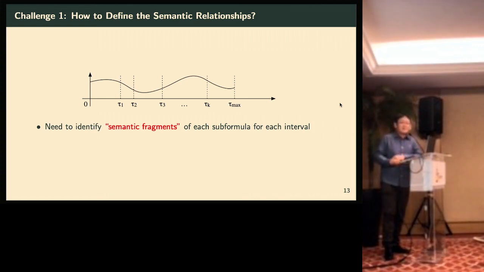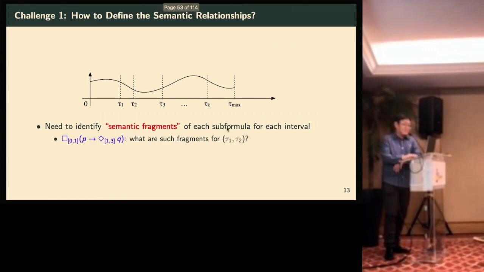But in STL, it's not, because of the time interval. It's not clear how to have a semantic fragment of each subformula for each interval. For example, consider this formula. For the second interval, which part of the formula relates to that? It's not clear because of the overlapping of intervals. I can give you an example later.